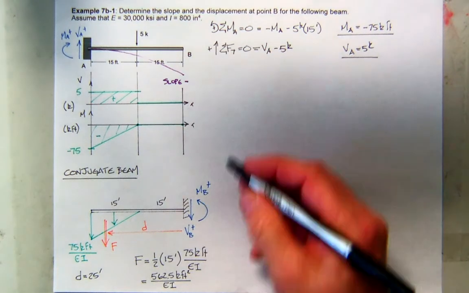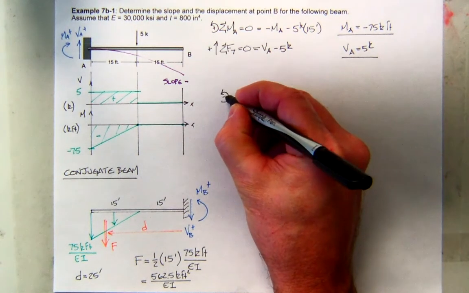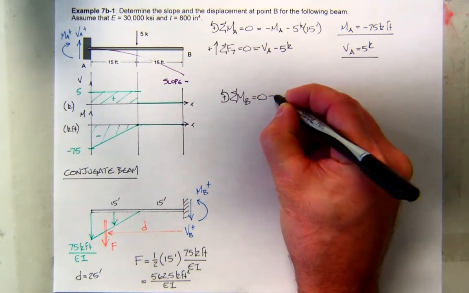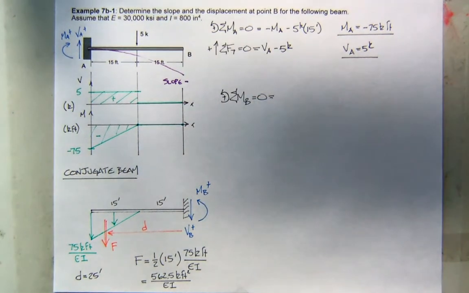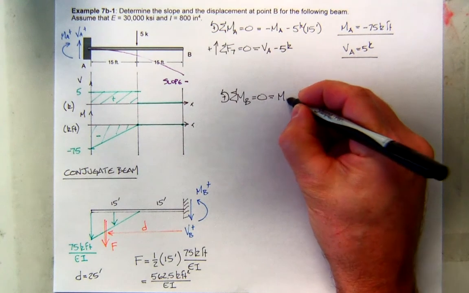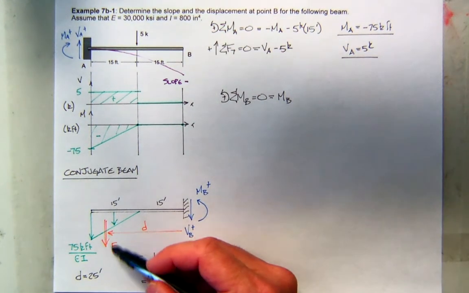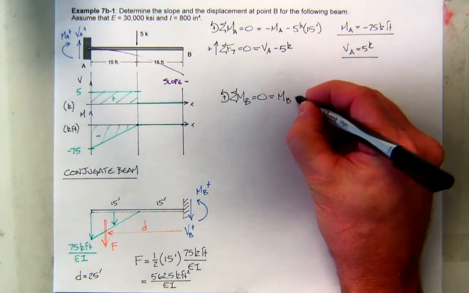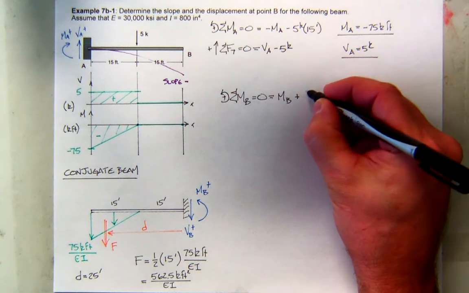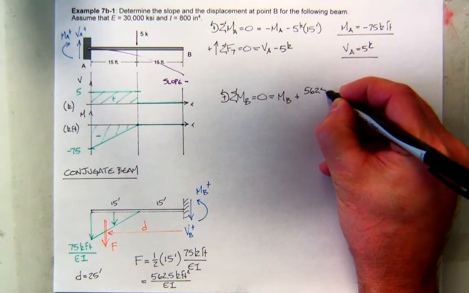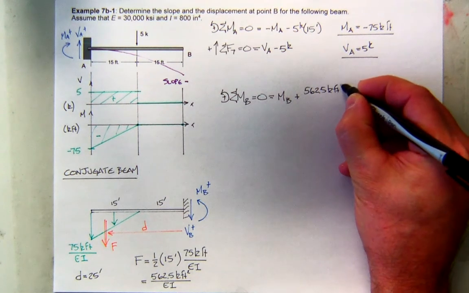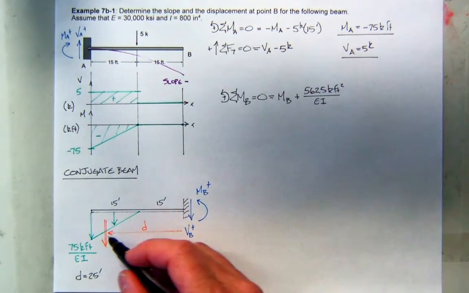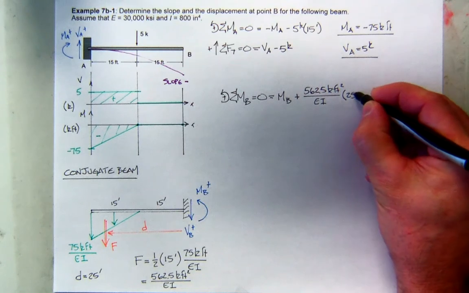So now to find the moment, I would just sum moments at B. And what do I get? Well, I have my moment that I assumed, and with right-hand rule, that's a positive moment. And then I've got the moment created by this force F. What kind of moment does that create about B? Positive or negative? Positive. So it'll be plus the force, which is 562.5 kip feet squared over EI, times the distance, which we computed as 25 feet.